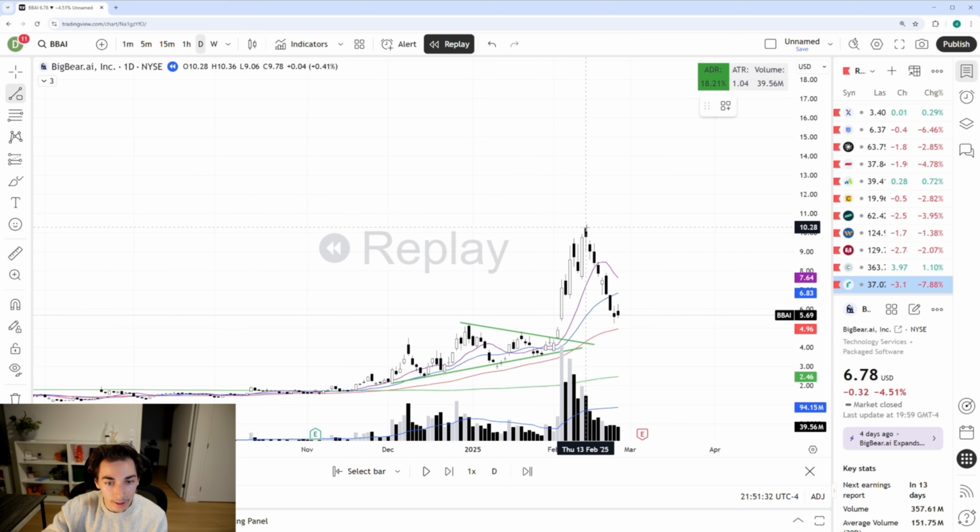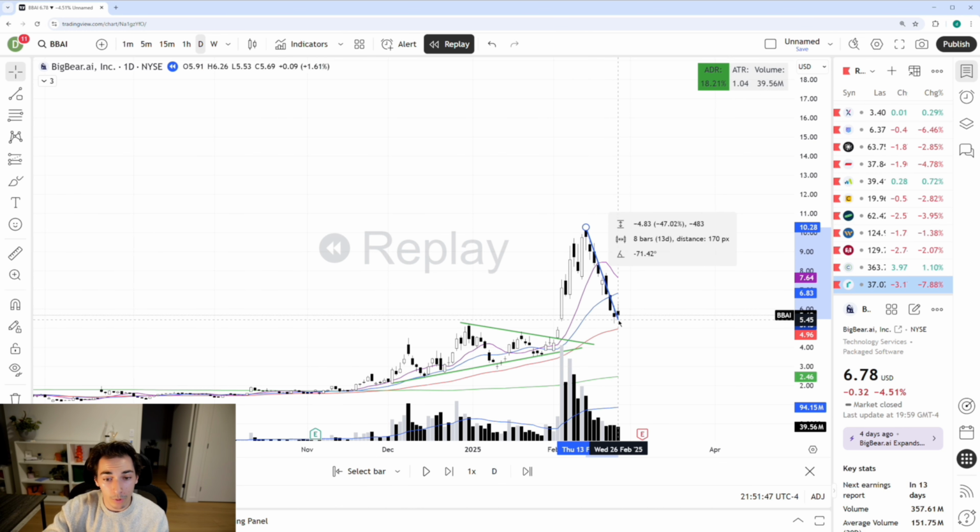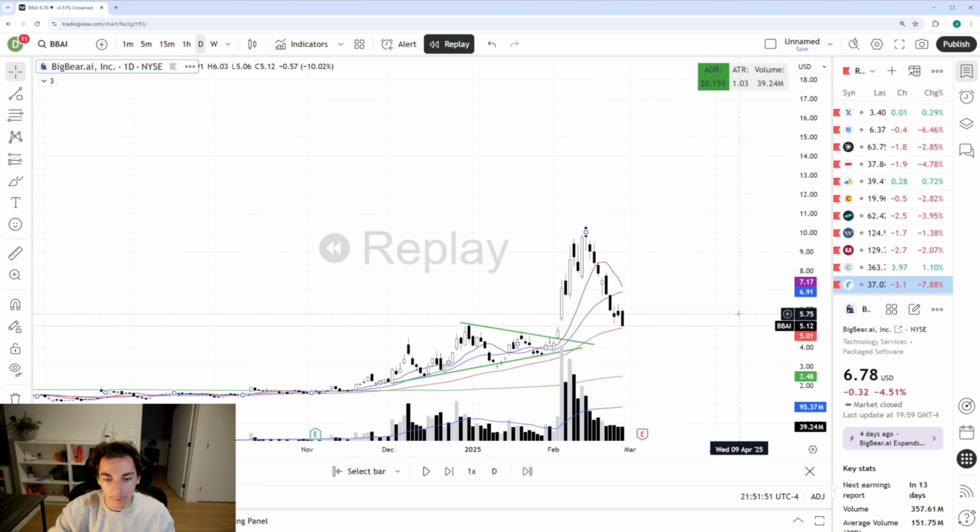So from its peak, this was the highest it's ever been when I was in the position. From its peak, I lost like 23% of unrealized gains before I sold the entire position. But if we look at this right here, it went down 45%, and maybe even lower.